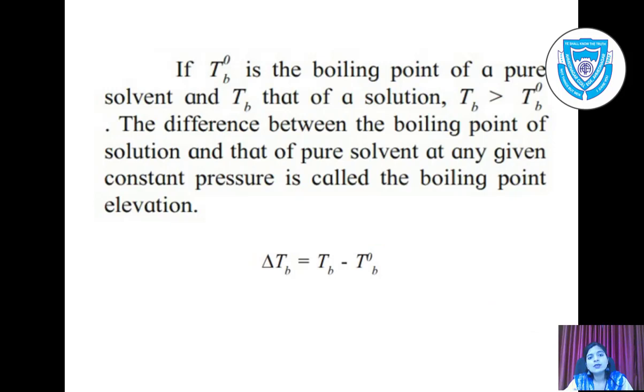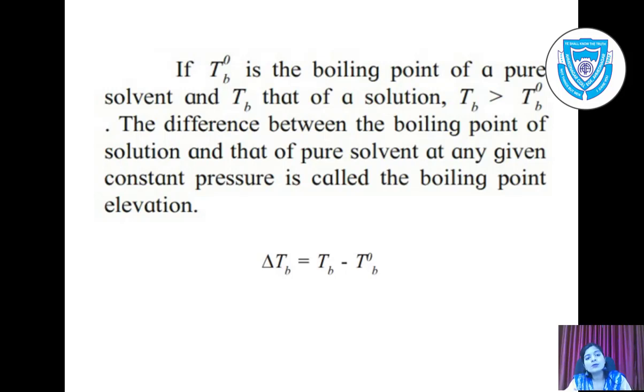If T naught B is the boiling point of pure solvent and TB that of the solution, always remember TB is greater than T naught B. That is, the boiling point of a solution is always greater than the boiling point of pure solvent.